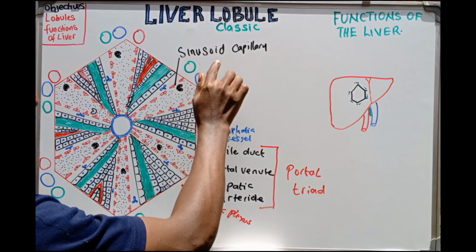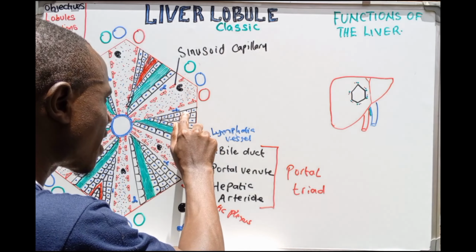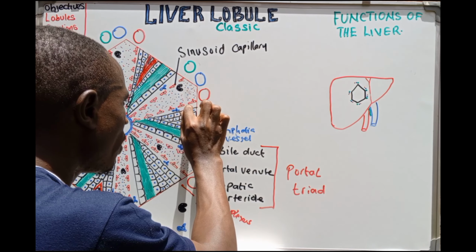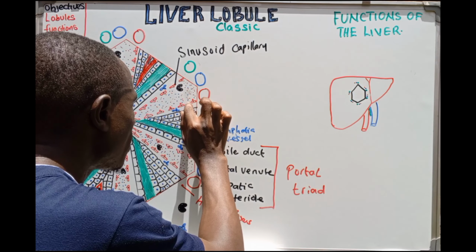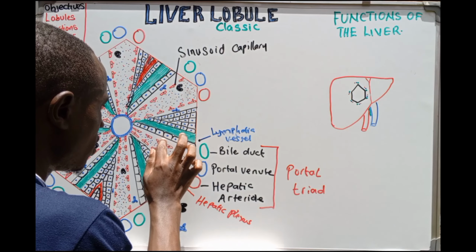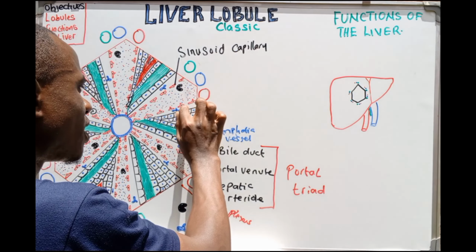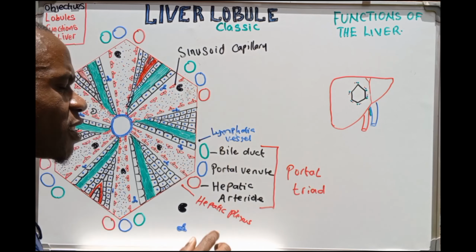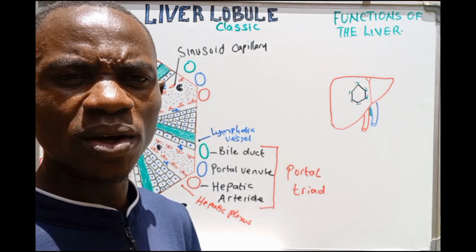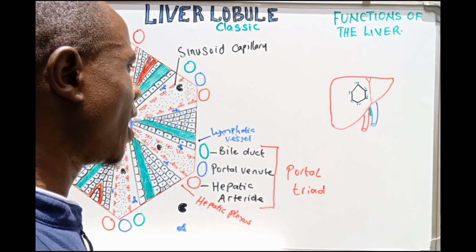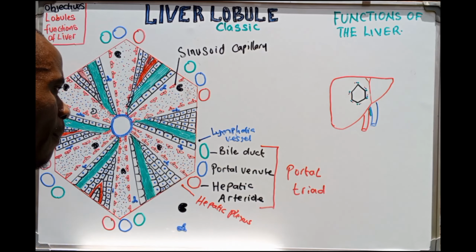From the sinusoid capillaries, before we reach these cells which are like in the plate, we have this space here. In other words, from the sinusoid capillaries, we have another important space which is going to be allowing for exchange of nutrients before they access the hepatocytes.